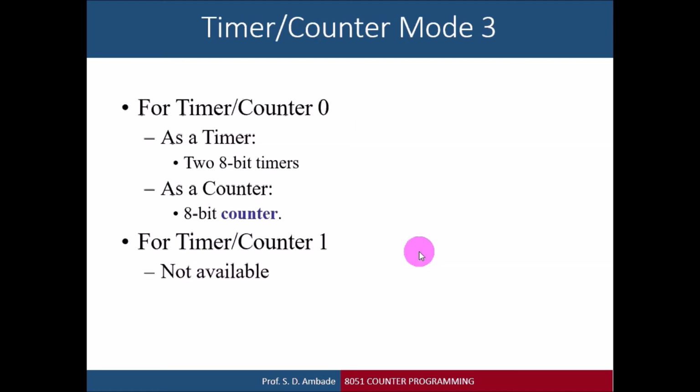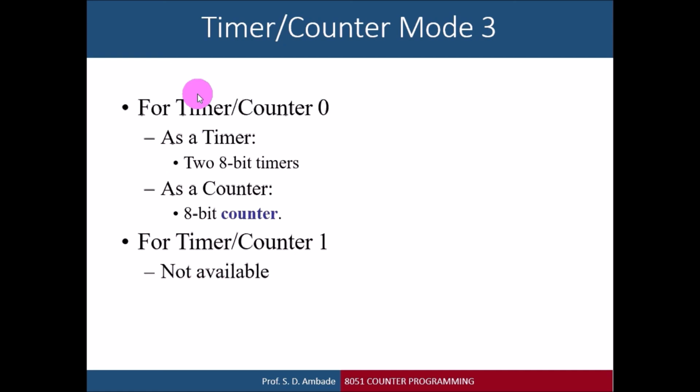Now, timer or counter in mode 3, as we have already discussed, acts as a split timer or split counter. As a timer, it acts as a split timer, meaning the 16-bit timer is split into two 8-bit timers.